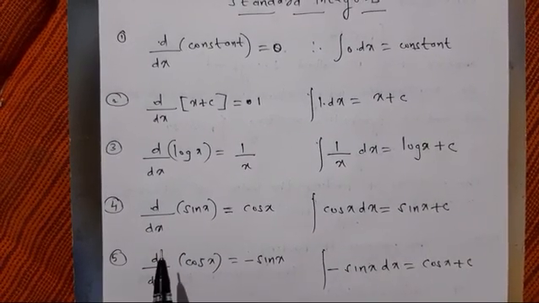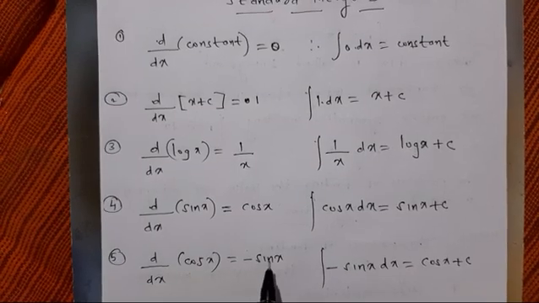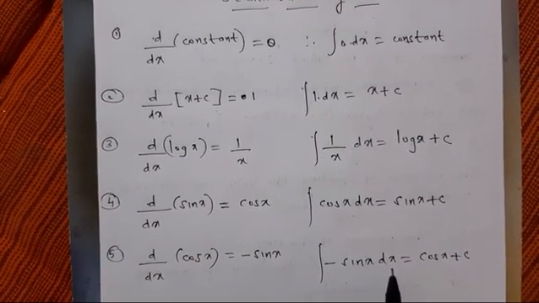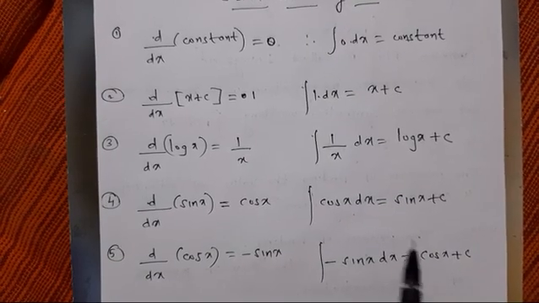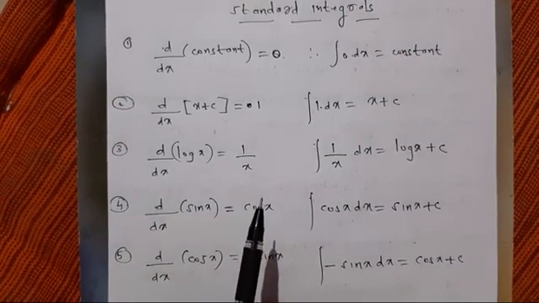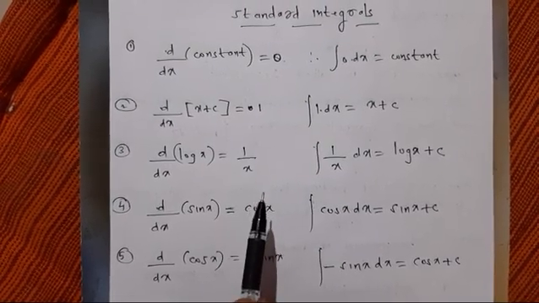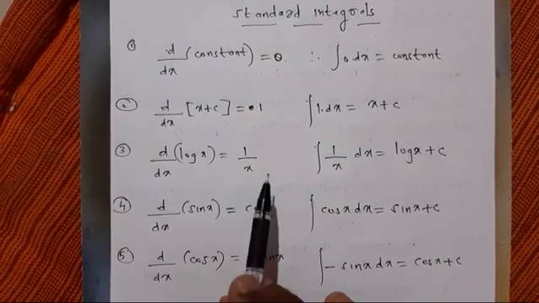Similarly, derivative of cos x is minus sin x and integration of minus sin x with respect to x is cos x plus c. Only to understand the concept of integration I have taken some sample formulas.